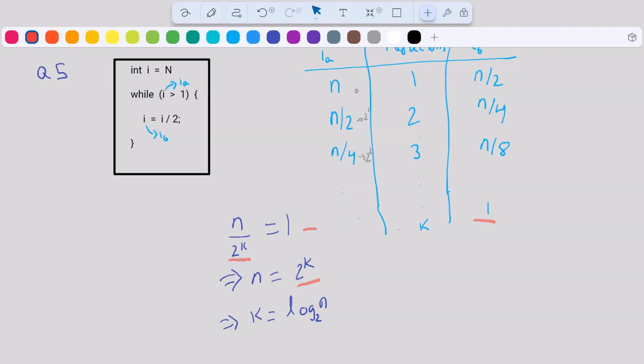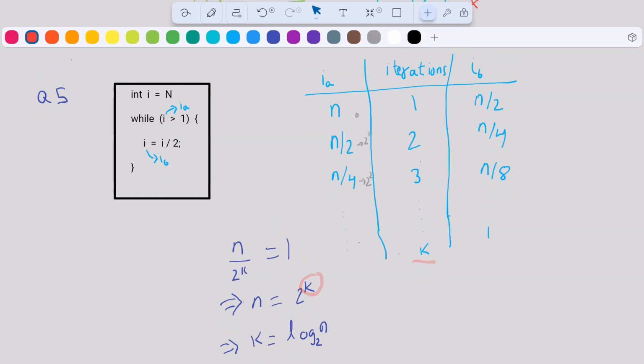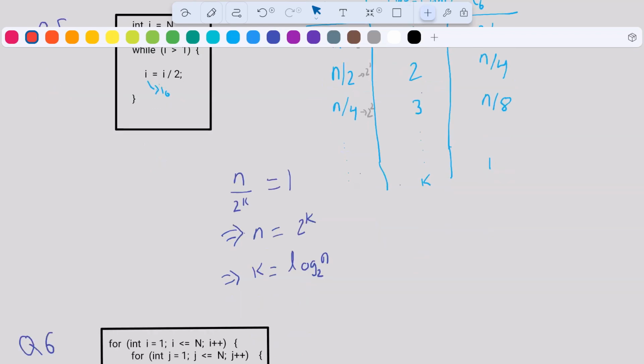We have to get this k value, because how many iterations are there? k is the number of iterations. So we can get it with the log function. So here we get k as log of n with a base of 2.